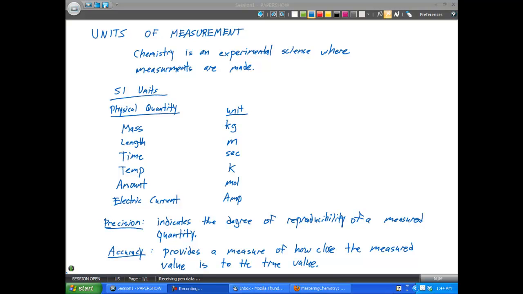This is going to depend on the quality and the calibration of the device that you're going to use to measure in the lab. You will become very, very familiar with precision and accuracy in the laboratory setting.